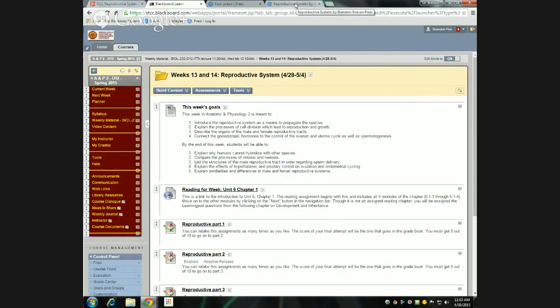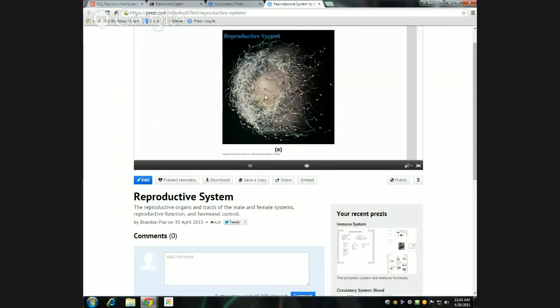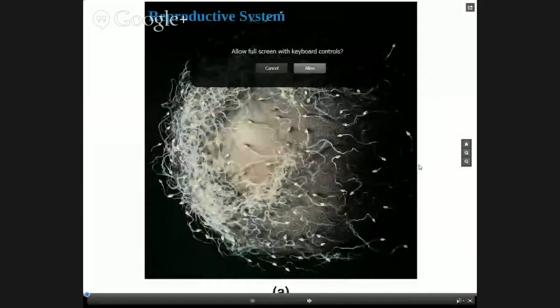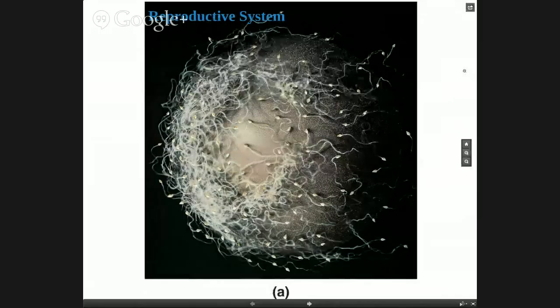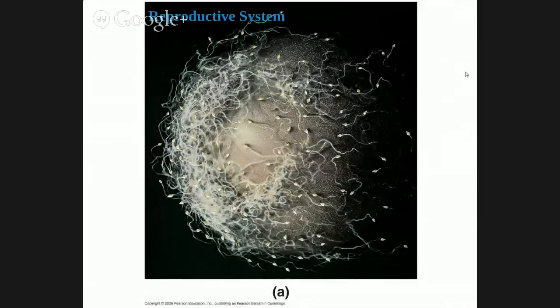I need to do it for the entire course, but for the reproductive system presentation, some of which I've already used in covering some of the information, I've finally gotten around to updating it with pictures from the book that we're using. So I'm going to use this for the presentation rather than pulling up the pictures separately out of the book like I've done in the past.